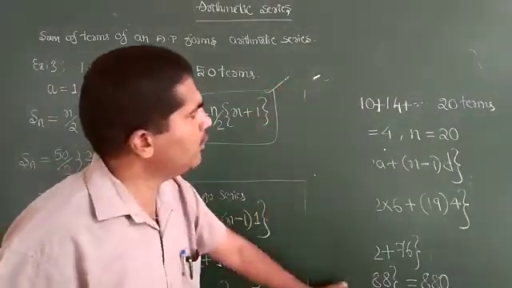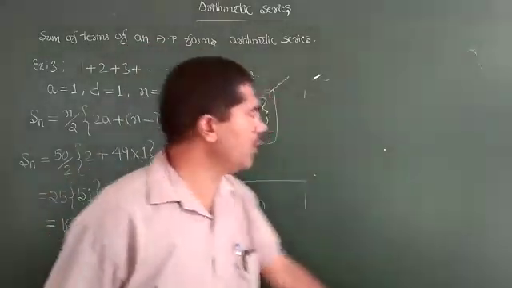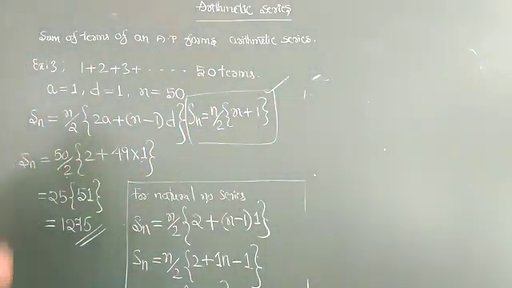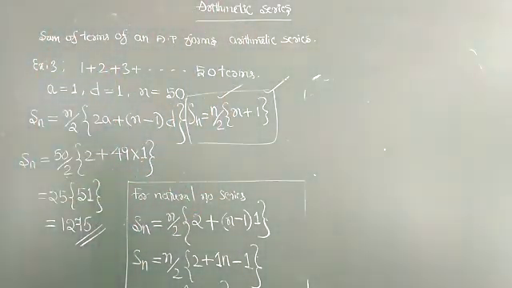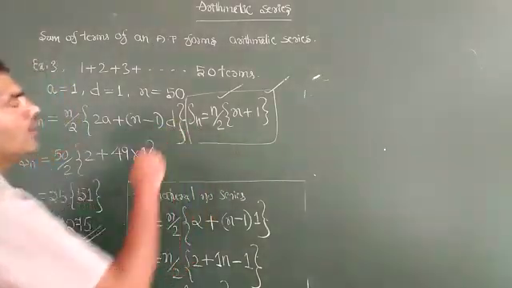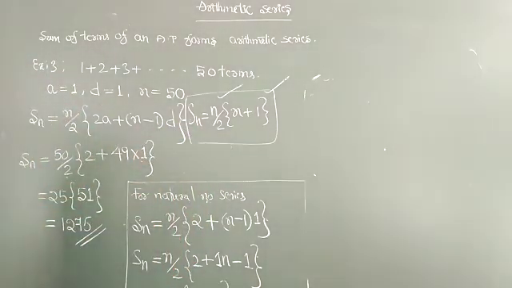So for finding the sum of natural numbers, I do not need the lengthy formula Sn equal to n by 2 into 2a plus n minus 1 into d. I can directly put Sn equal to n by 2 into n plus 1, or n into n plus 1 by 2. Let us try whether the formula you have got is right or wrong. Here the question is there: I am trying to find the sum of 50 terms.